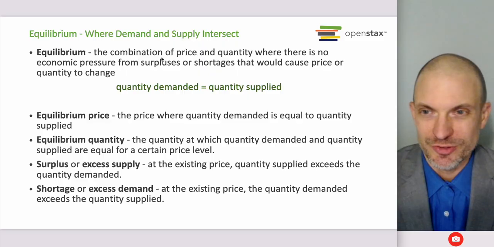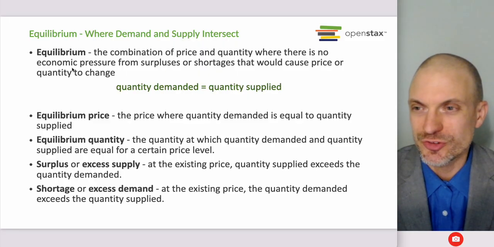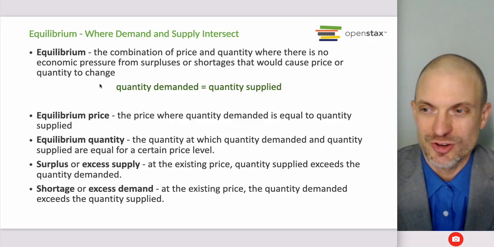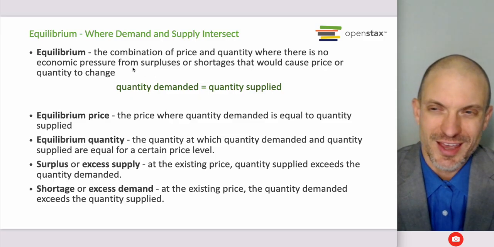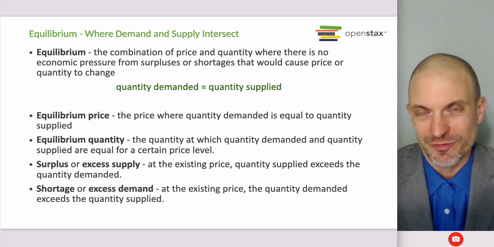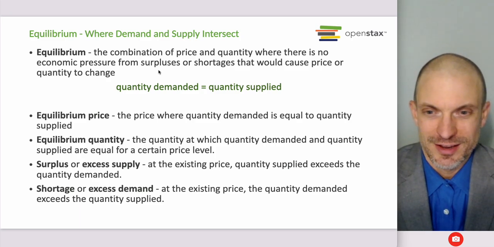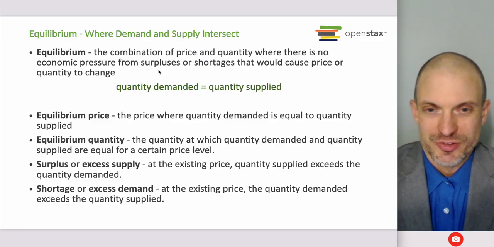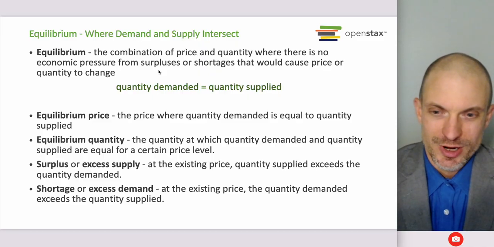Okay, equilibrium is the combination of price and quantity where there's no economic pressure from surpluses or shortages that would cause price or quantity to change, right? So the idea is if the price is too high, buyers lose interest, they leave the market, so the quantity demanded falls, and then eventually sellers have to lower the price and we restore equilibrium.